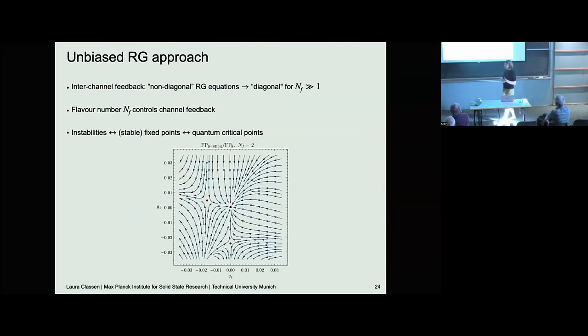Good. So now, more generally, we want to study the possible instabilities, and then in the RG approach, these are connected to fixed points, and we are interested in stable fixed points, which we can relate to quantum critical points. And here again, I'm showing an example of the RG flow where you see two of these fixed points in red for the couplings G4 and V4.